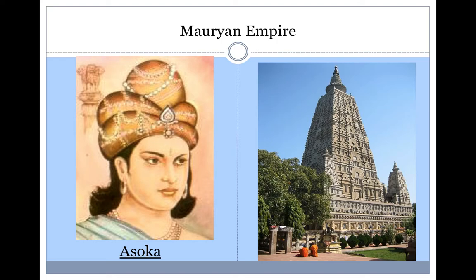And then put a comma after his name and write considered to be the greatest ruler in the history of India, comma, was a kind ruler who expanded the empire to the current size of India.